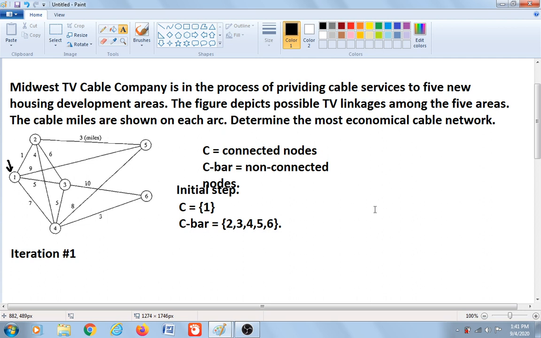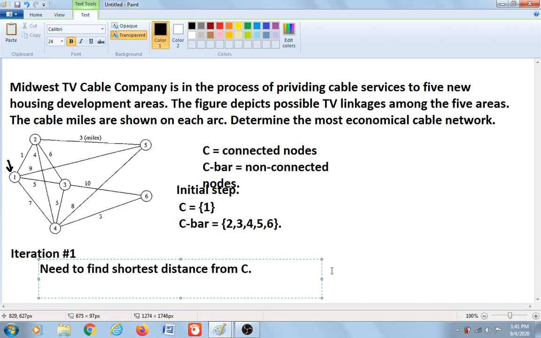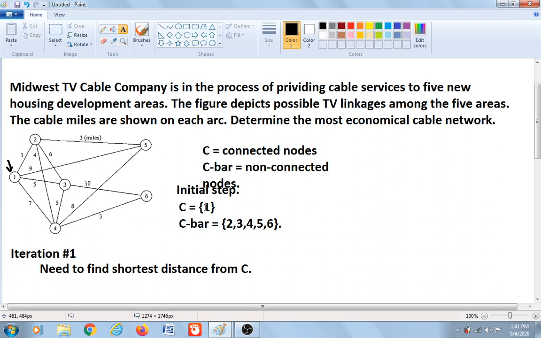Now we start iteration 1. This is our C, node number 1. The thing that we need to do is find the shortest distance from C. Since our C is node number 1, what's the shortest distance from 1?